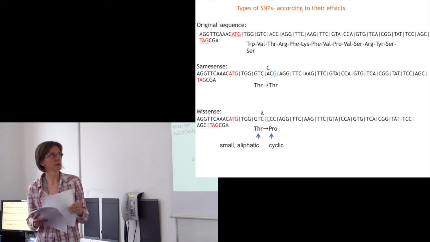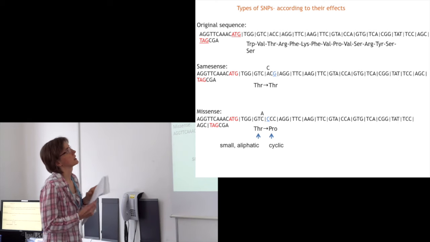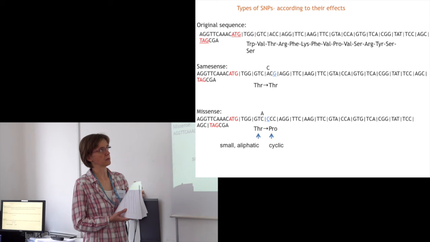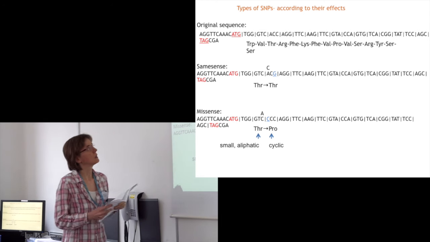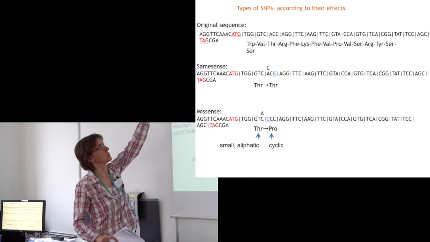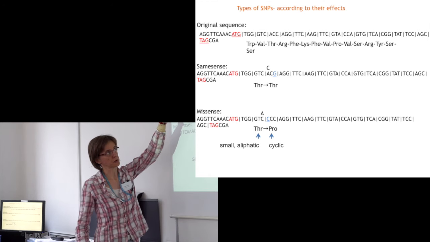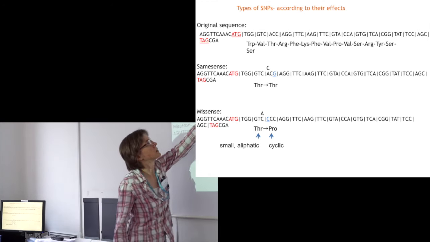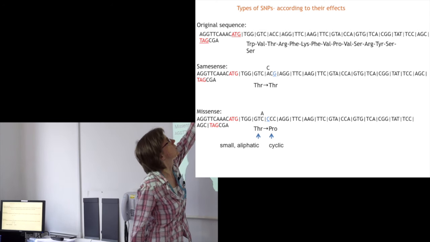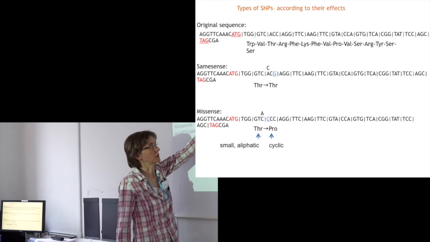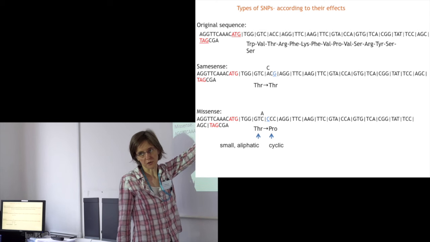Now, what do these single nucleotide changes do? I'm going to focus on them only for the rest of the presentation. If we go back to our original DNA chain and what it was translated into as a protein, we can see that sometimes when I replace this initial C with a G, according to the genetic code, the coded amino acid doesn't change.